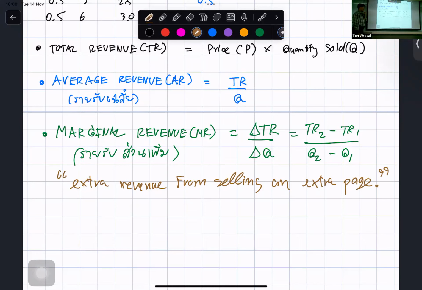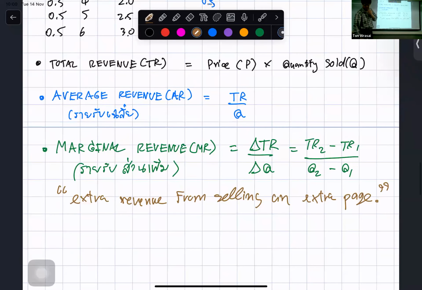So now TR, AR, and MR. In Thai, marginal is about extra, incremental, additional. Here it's about revenue: additional revenue, incremental revenue, extra revenue from taking this action, selling 1 more unit.